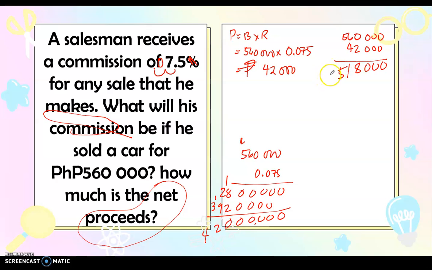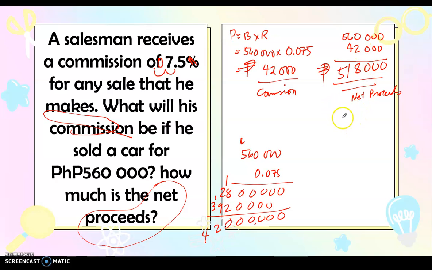Therefore, the net proceeds is 518,000. This is the net proceeds for the owner, and this is the commission for the agent.